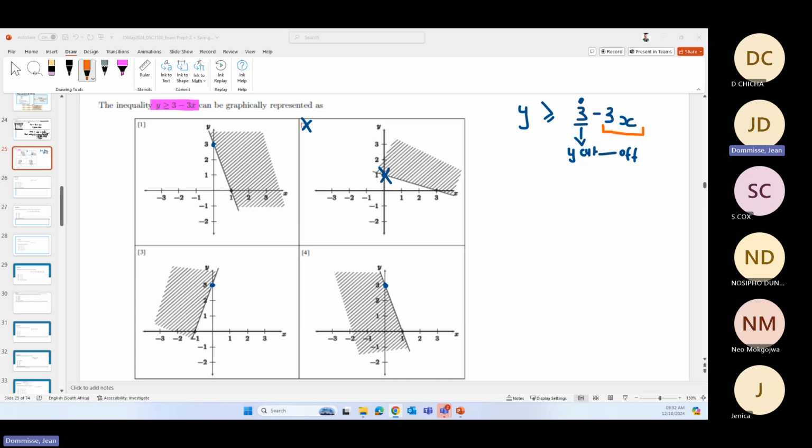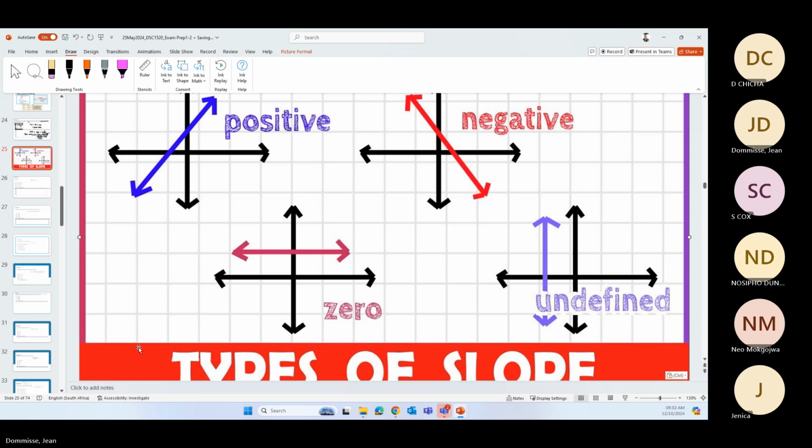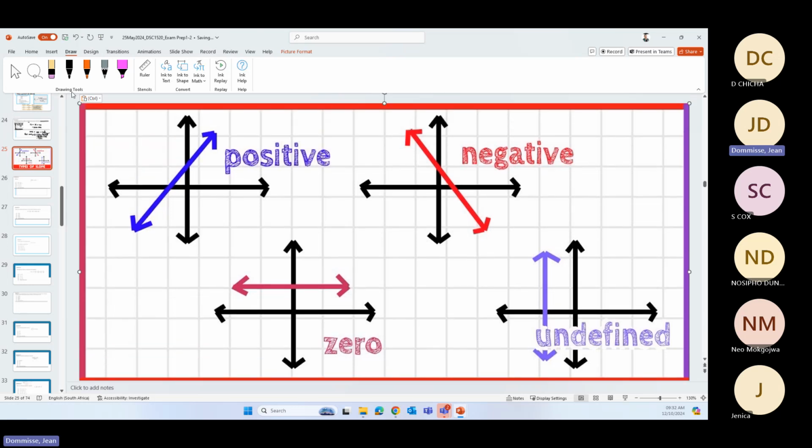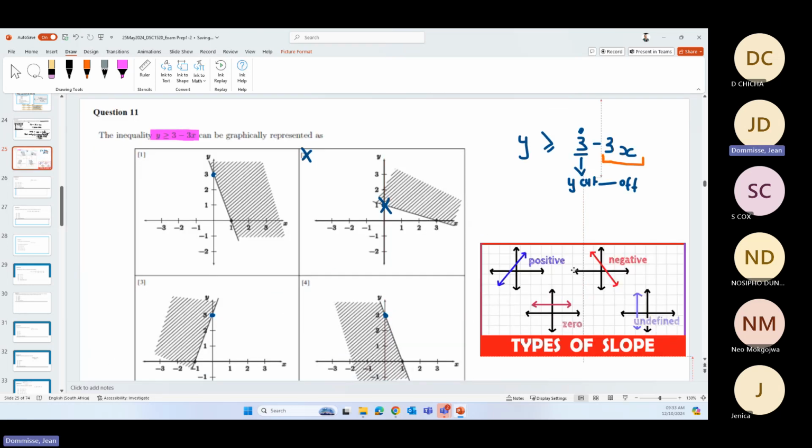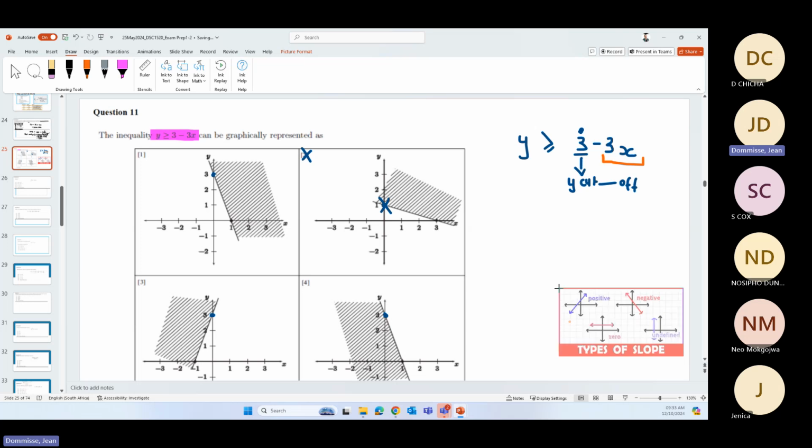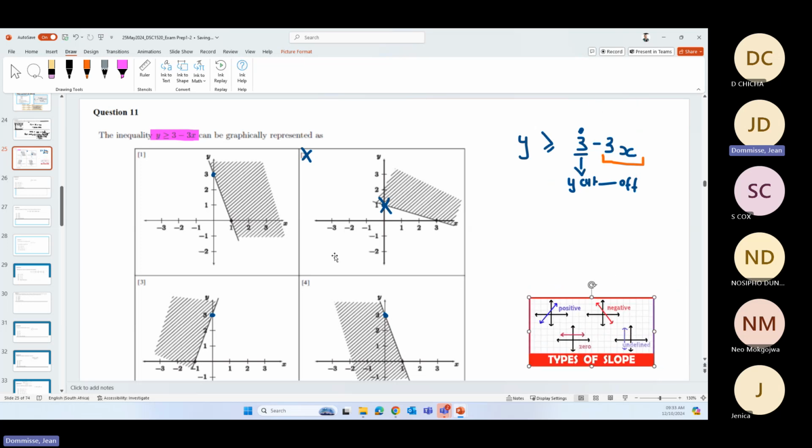Let me put in negative and positive slope so that you can see the line. Okay, that's a bit big. Types of slope. Let's just put this in.